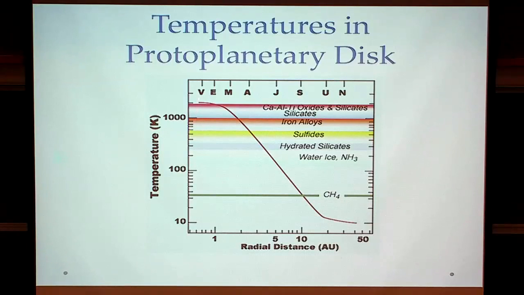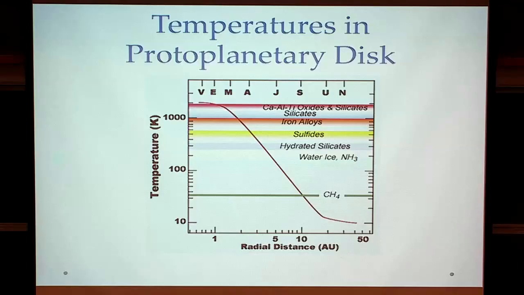So there's this very strong thermal gradient, and to some degree, this is also reflected in the compositions of these planets. The giant planets and the outer icy planets are composed of water ices, ammonia, hydrogen, helium, methane, etc. The inner planets are composed of silicates and iron. The reason is that these inner planets probably formed while the solar system was still hot, so there was no opportunity for the more volatile elements to condense and accrete to these inner planets.